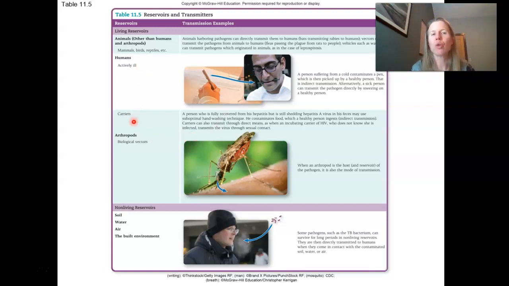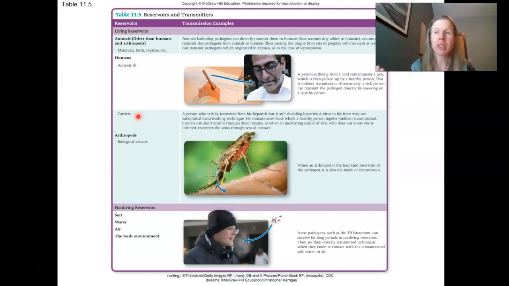A human who is recovered but might still be spreading, or someone who's asymptomatic, I would call them a carrier as well. So someone who's actively ill, showing signs and symptoms, versus someone who is a carrier. They spread it without notice.